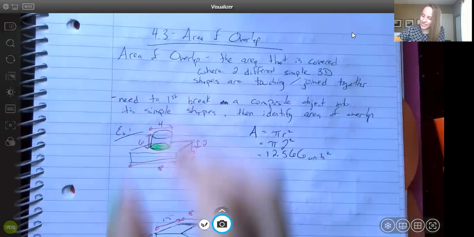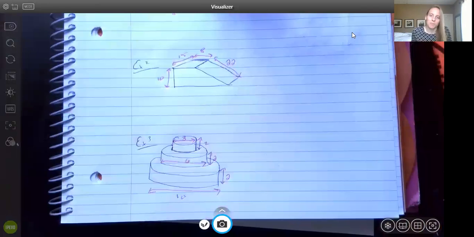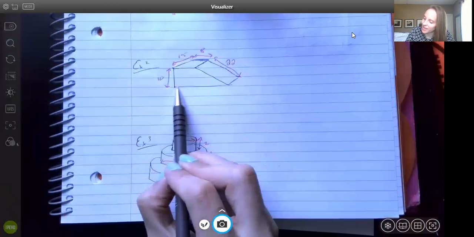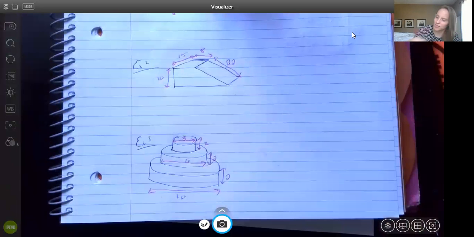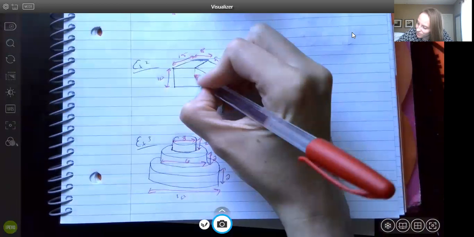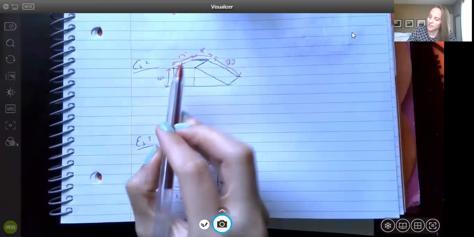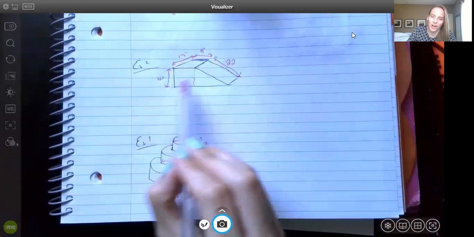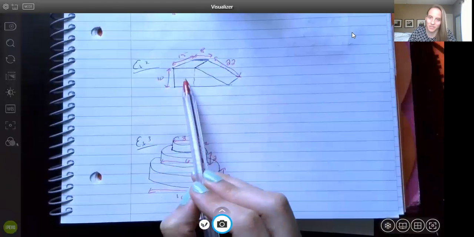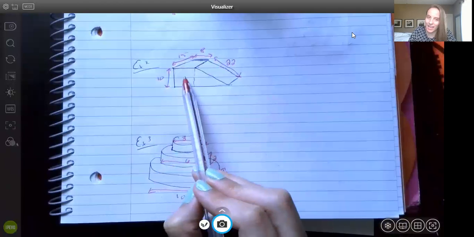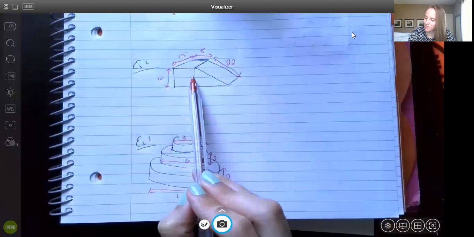For the next example, I have a shape that I haven't actually broken apart into different simple objects yet. But if you look at this face right here, this is not a simple shape. And so before I start here, I would need to essentially break this face into a rectangle and a triangle, which means I have essentially created a rectangular prism here and a triangular prism here.